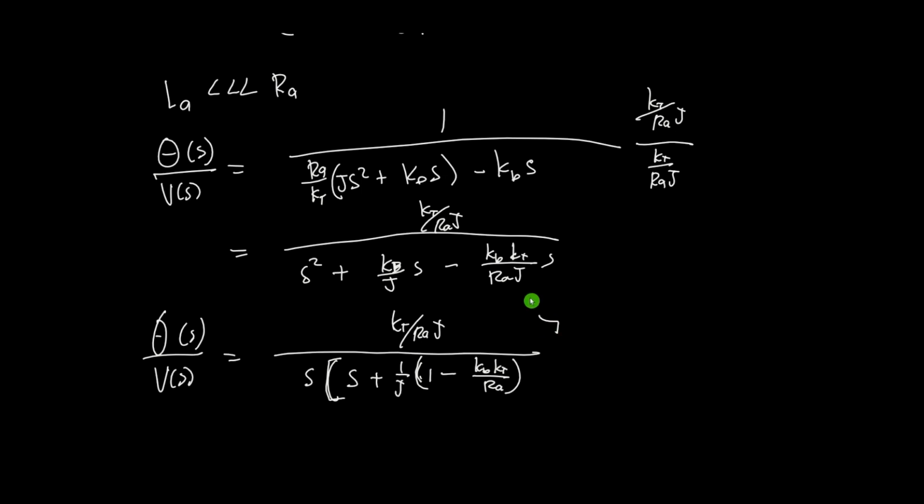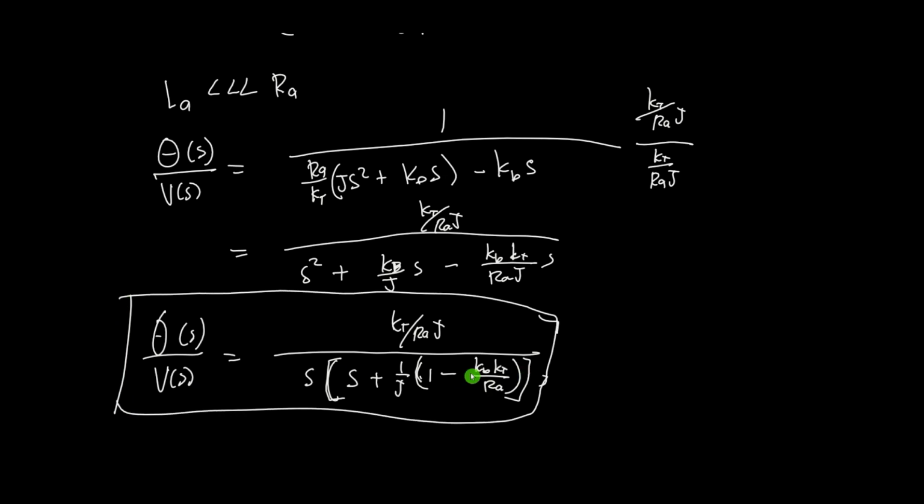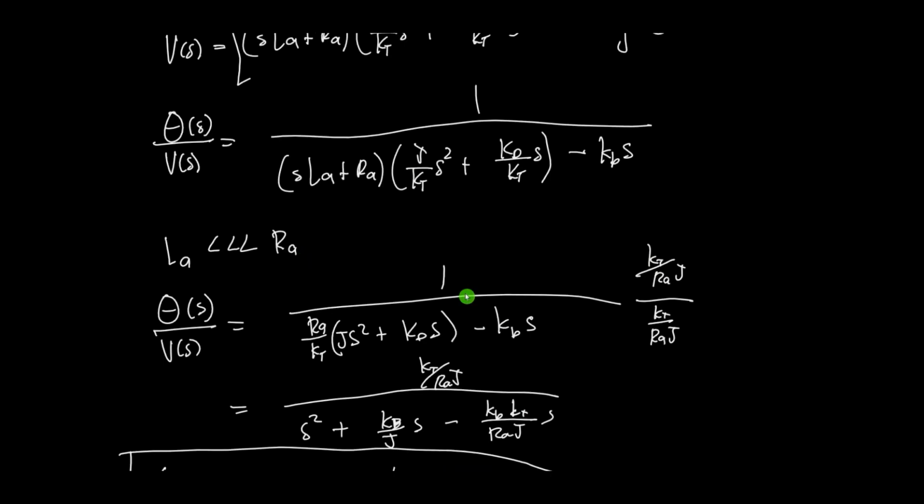And this will be our transfer function for a DC motor. Remember, this is for if you have a very negligible LA or an LA that is much lesser than the value for the armature resistance.